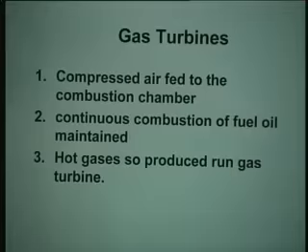Continuous combustion of fuel oil is maintained. Hot gases so produced run the gas turbine, something like wind. There is some source which runs the turbine. If the turbine is running, let us say prime mover, the generator will run and power will be produced, as simple as that.